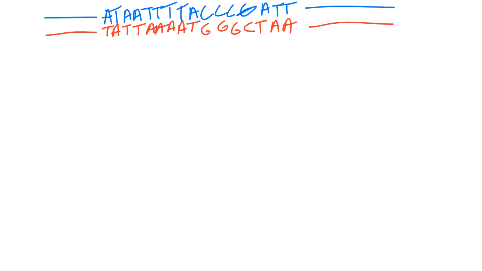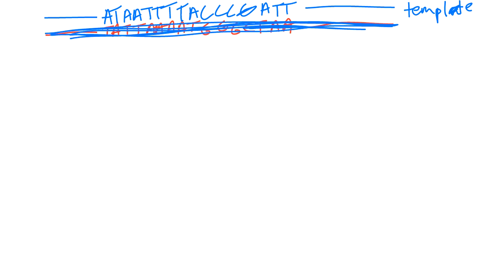Let's say that in blue, this is going to serve as our template strand, the one that is actually going to be transcribed into mRNA. I'm going to put a line through the red sequence because that sequence is there, but when the DNA gets unzipped, only one of these strands is going to be read as the template. We're going to say the blue strand is representative of the template.